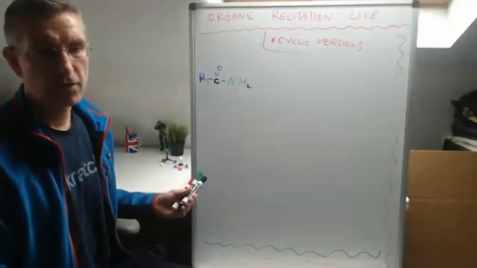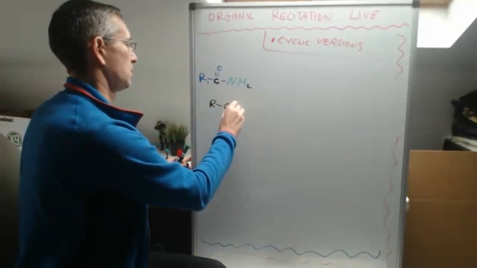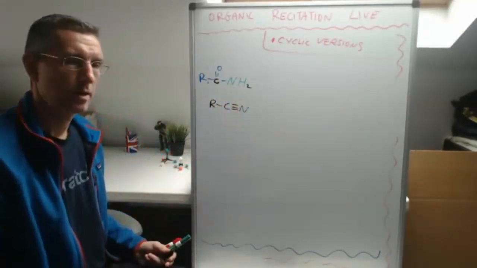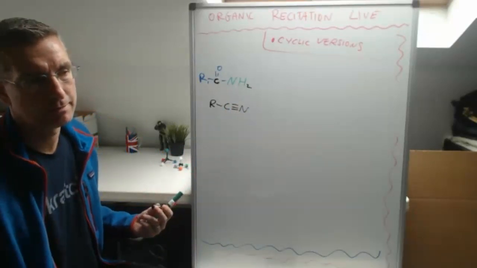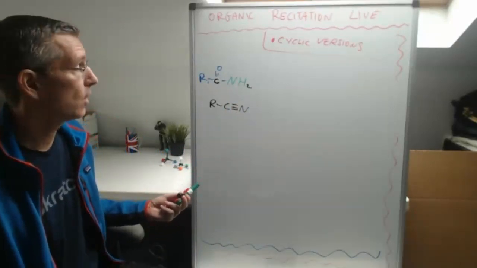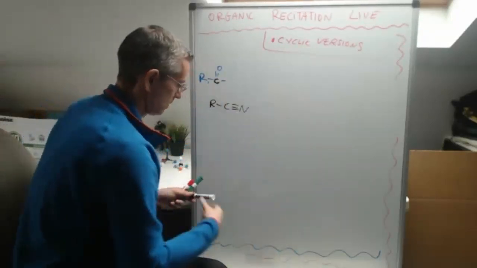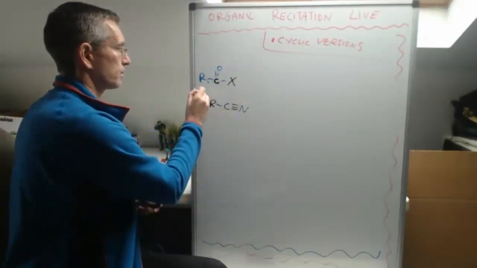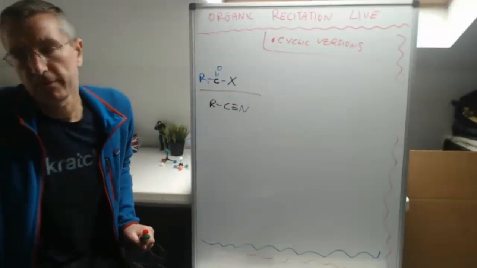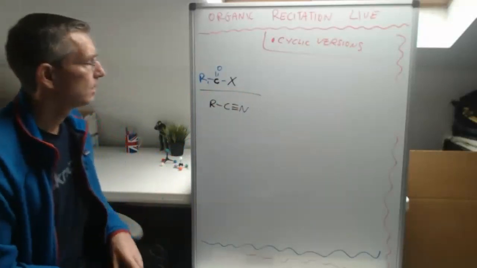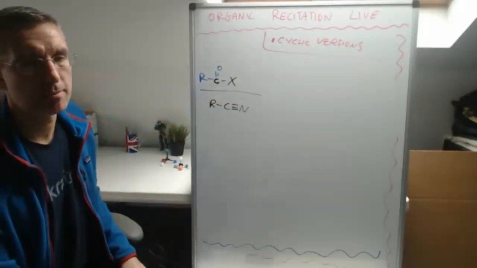So the last functional group we're going to look at has the CN triple bond. Now this is structurally different to all of the other functional groups that we've addressed in chapter 21, because all of the other functional groups have been an R group connected to a CO double bond connected to something else.